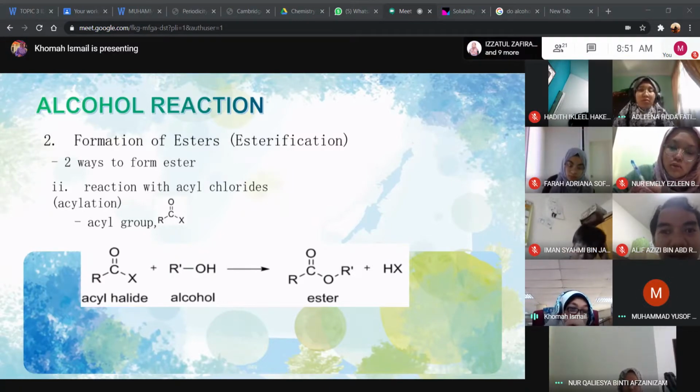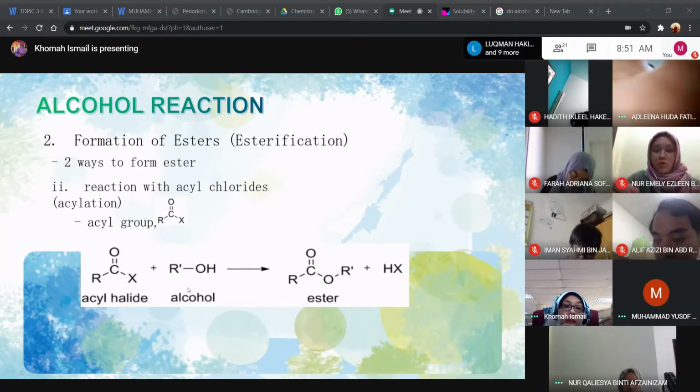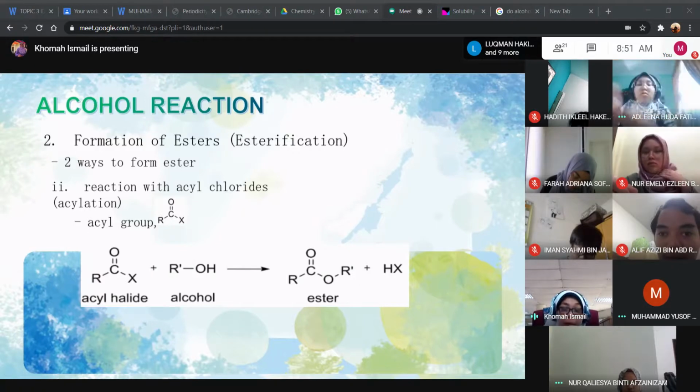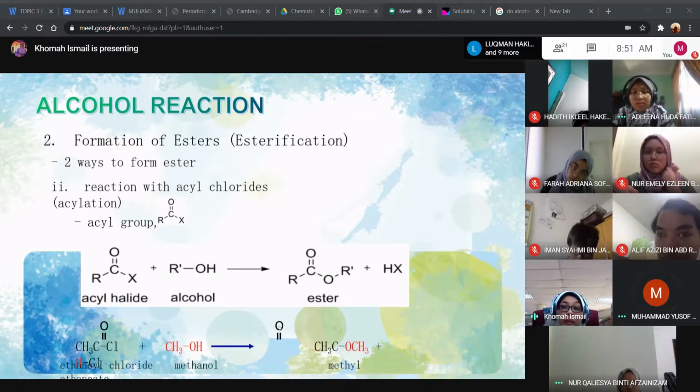So the name of the ester will be ethyl propanoate. Something like that.